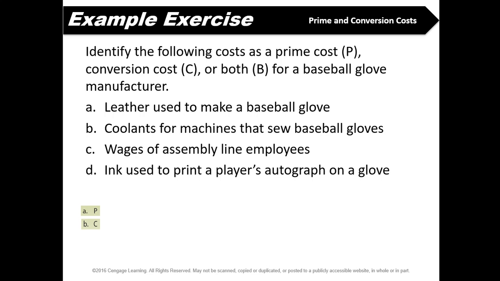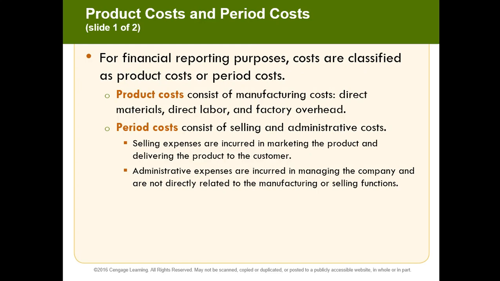We need that direct labor directly, it's directly associated with that product, but that direct labor is really what's turning it into that finished product. So it's a little bit of both. And again, that ink that was used, that ink we classified as an indirect material, which is factory overhead. And again, factory overhead is conversion cost. All right, so you should be able to identify that sort of thing.